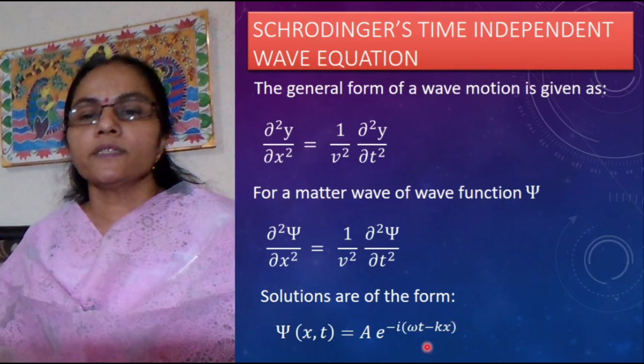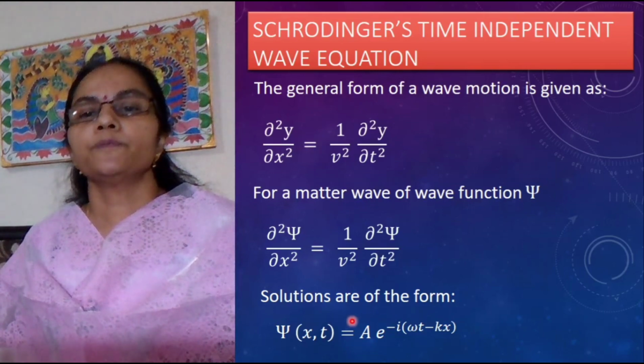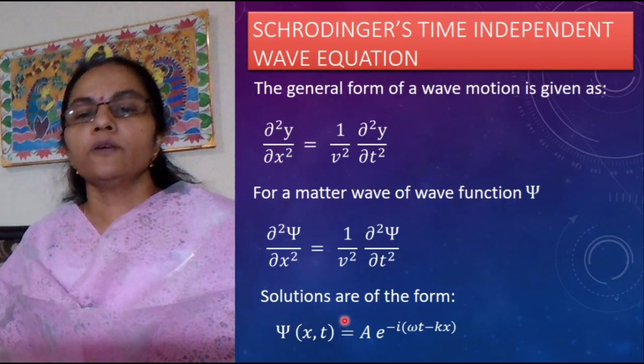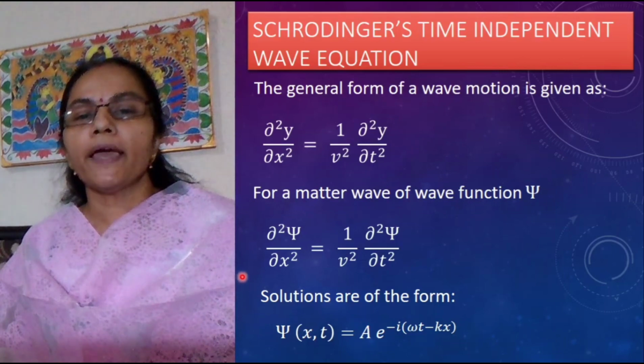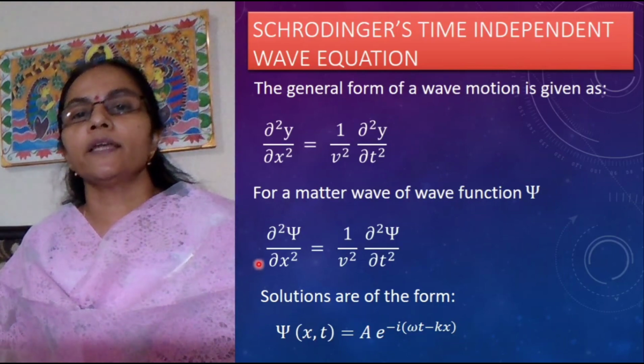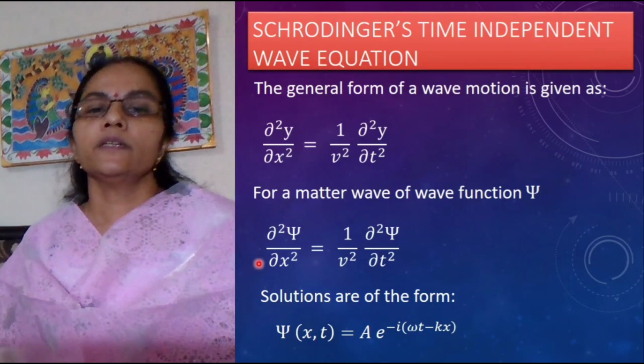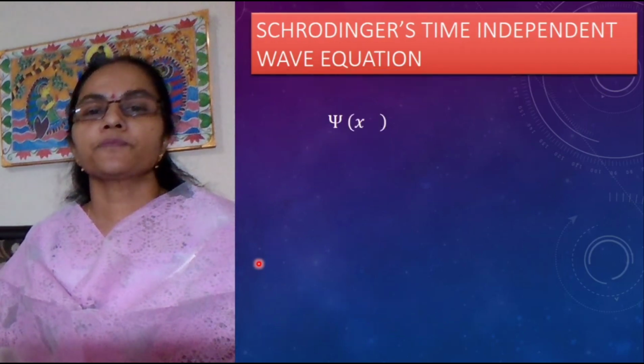So these are the general form of solutions of a wave equation. Now we will do the derivatives of these and put them back into this equation and derive the Schrodinger wave equation.